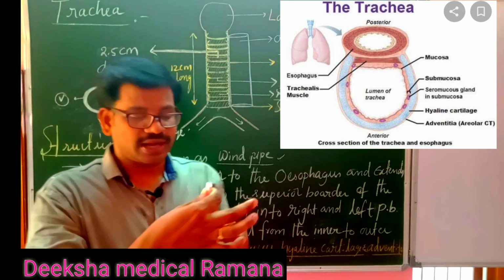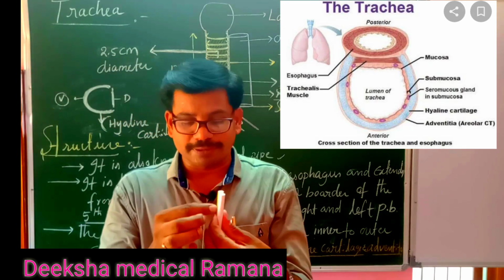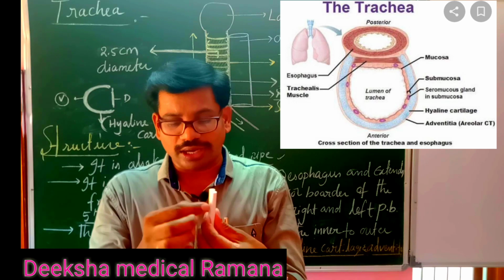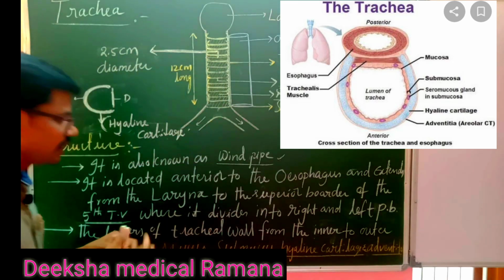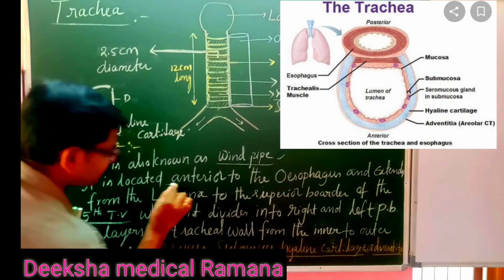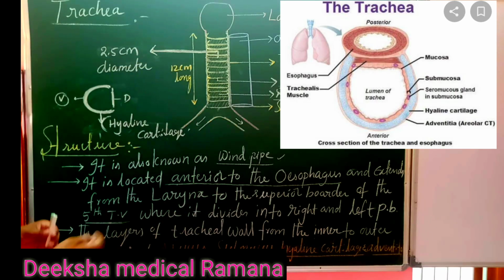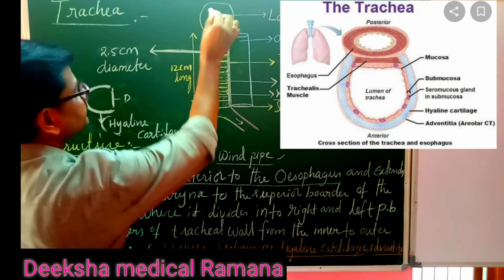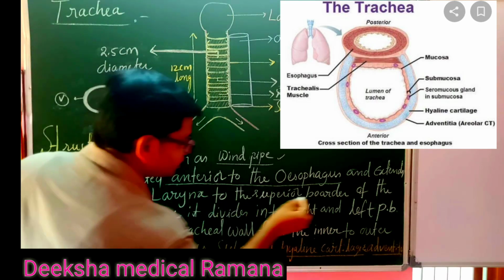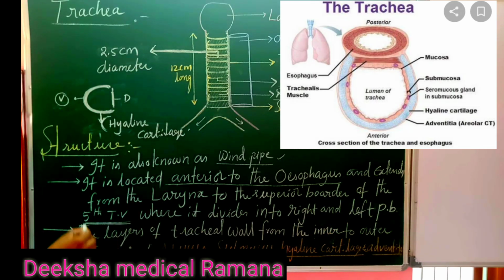So the trachea is anterior to the esophagus, and it starts from the larynx and extends to the superior border of the fifth thoracic vertebra.